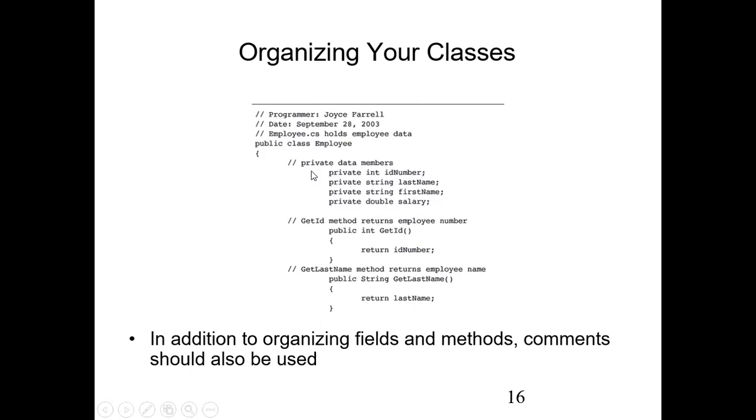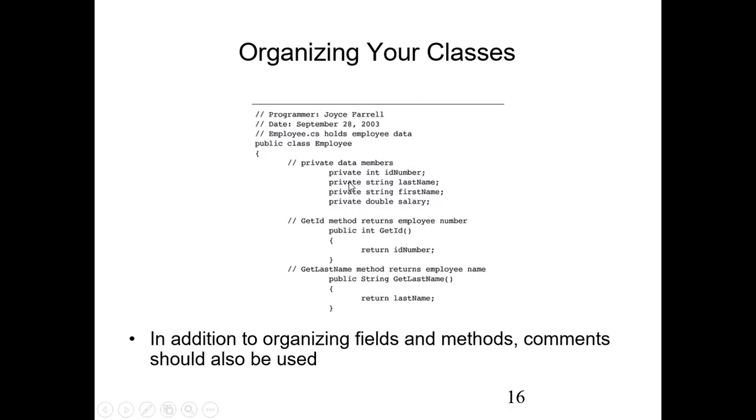As you can see, these are all instance variables, and they have been placed in a particular section of their own. Then I can have a getID method to return the ID number. So this is a get, and then I also have a getLastName which returns the last name.